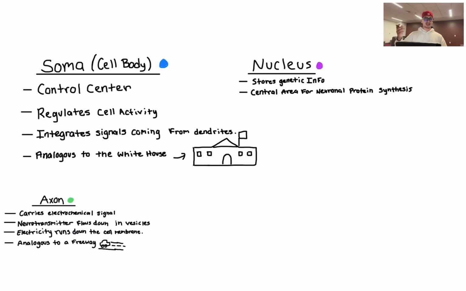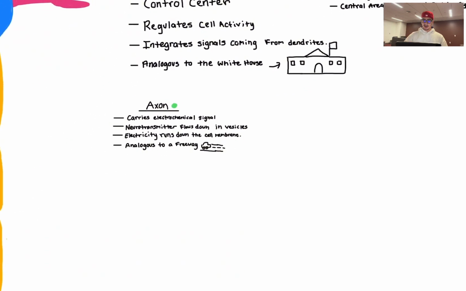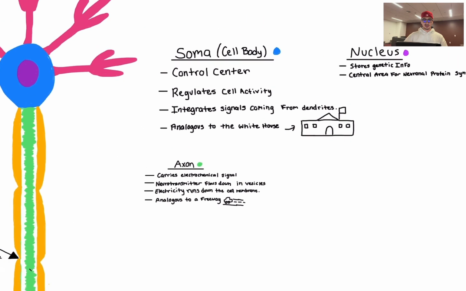So if you need something up in the dendrites, because remember that's our postsynaptic end, you're going to need the nucleus to send new receptors up there. At the same time, sometimes the terminal buttons are going to need some proteins, and then also the axon itself and other parts of the neuron.